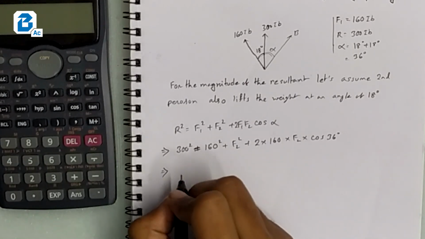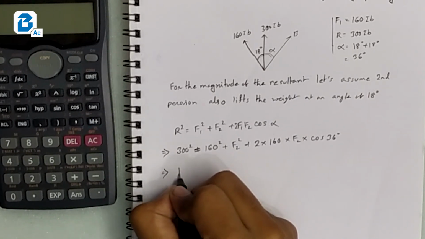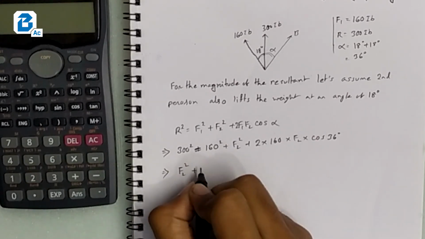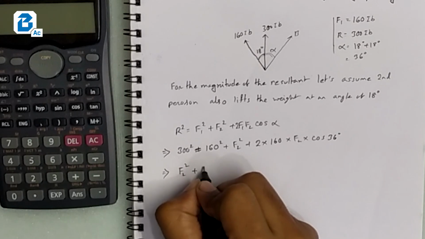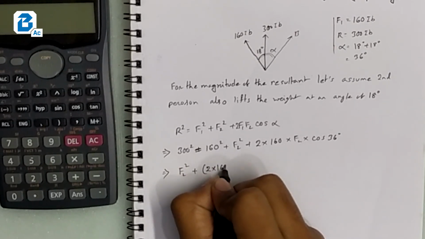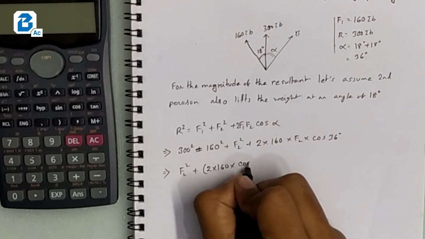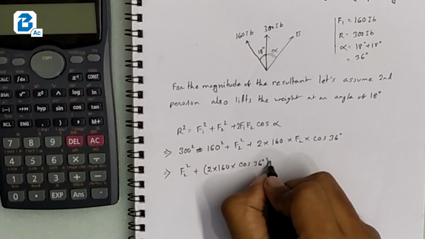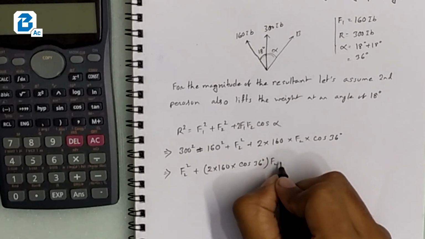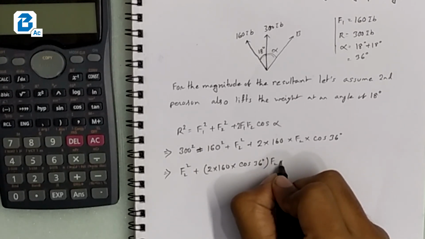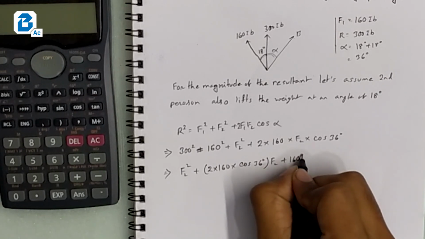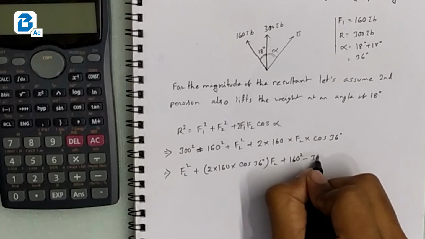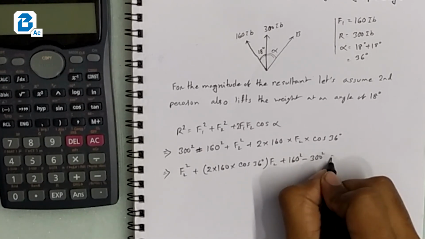Now if we rearrange it, we get F2 squared plus 2 into 160 into cos 36 degrees F2 plus 160 squared minus 300 squared equals 0.